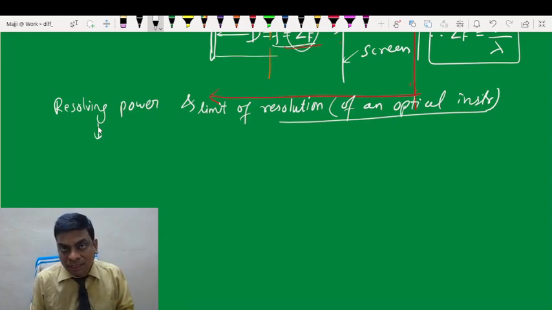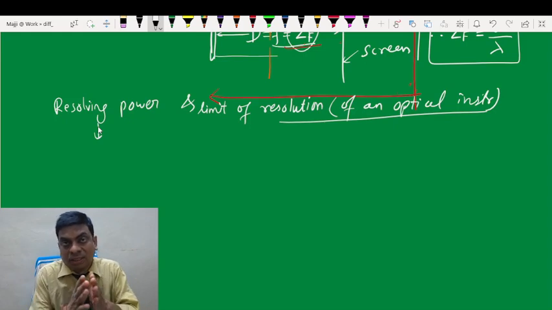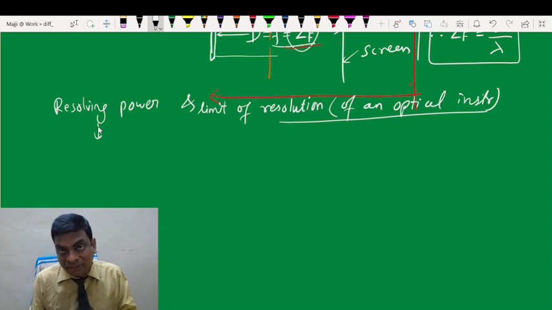Then it's quite possible that the instrument or the eye is not able to detect them as two separate entities. To the instrument or to the eye, the two objects appear to be the same. The instrument is not able to detect them as distinct or separate.